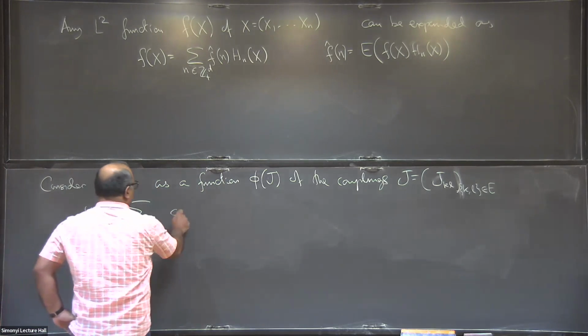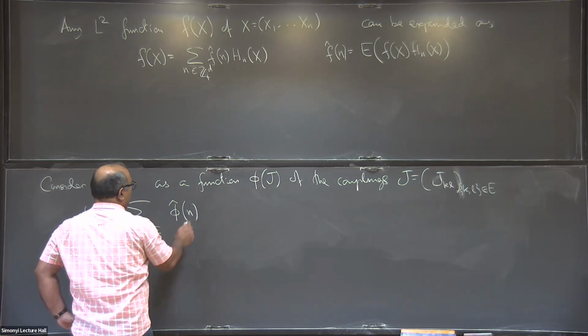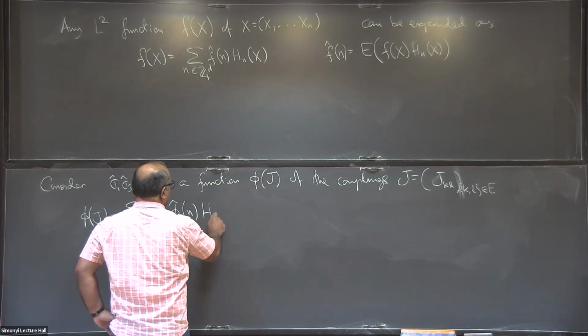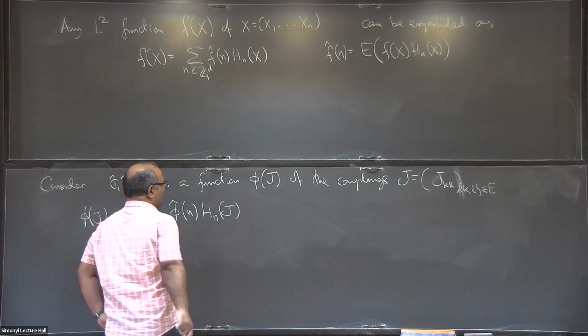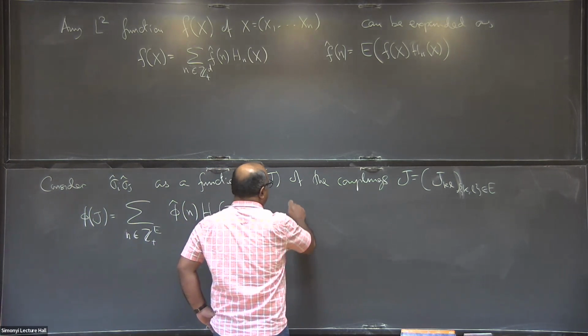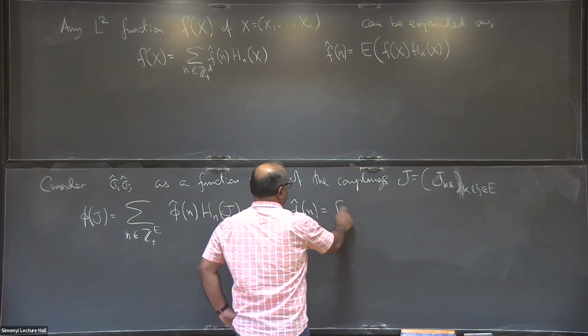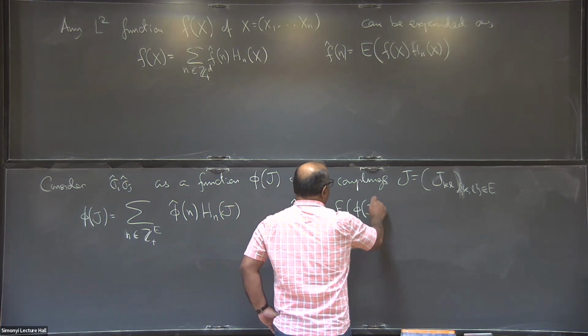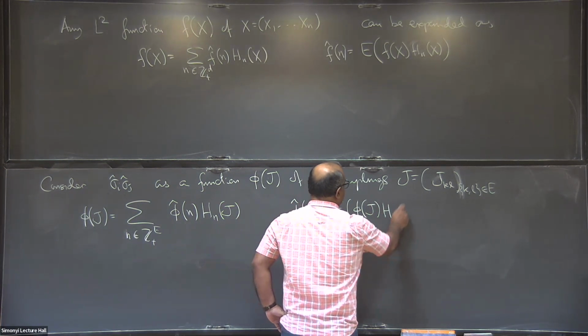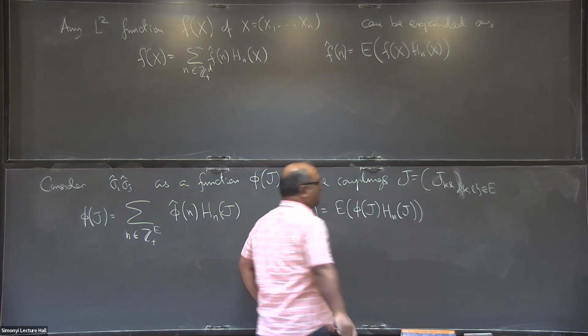And you take the Fourier coefficient phi hat n times H_n of J, where phi hat n is the expected value of phi(J) times H_n(J).